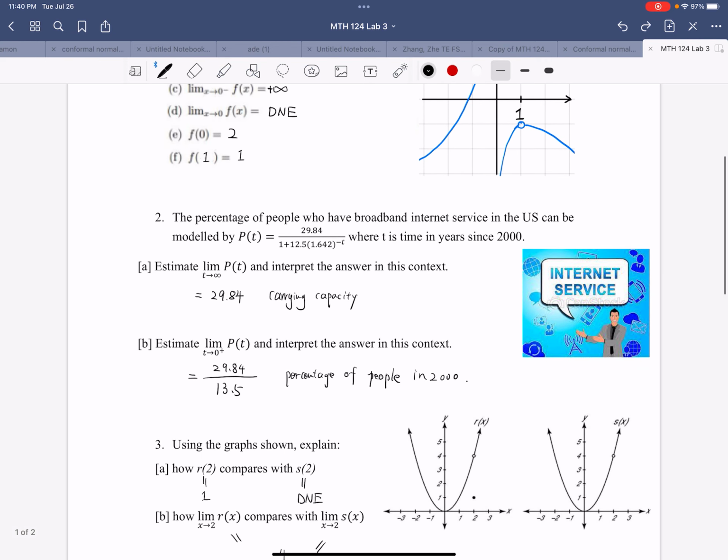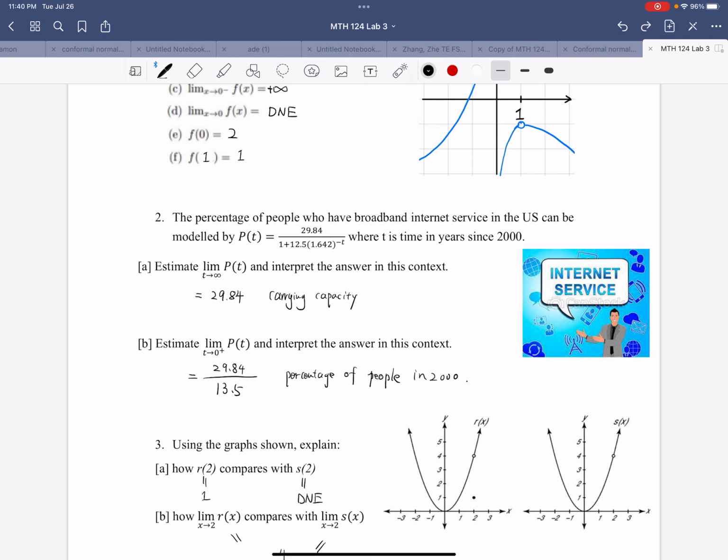The second one is: the percentage of people who have broadband internet service in the United States can be modeled by this function, and the variable t is the time in years since 2000. When t goes to +infinity, because the power here is -t, it goes to -infinity.